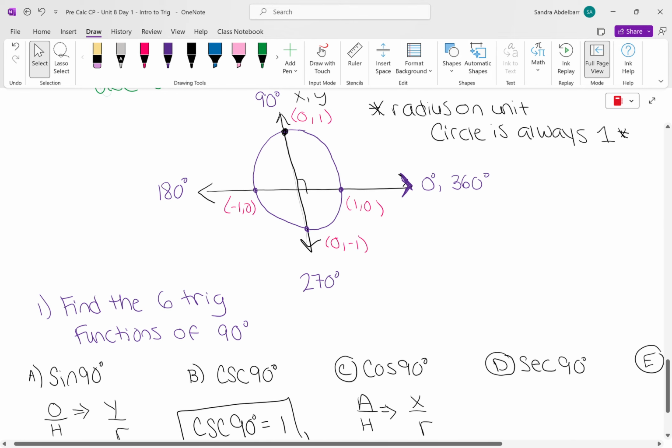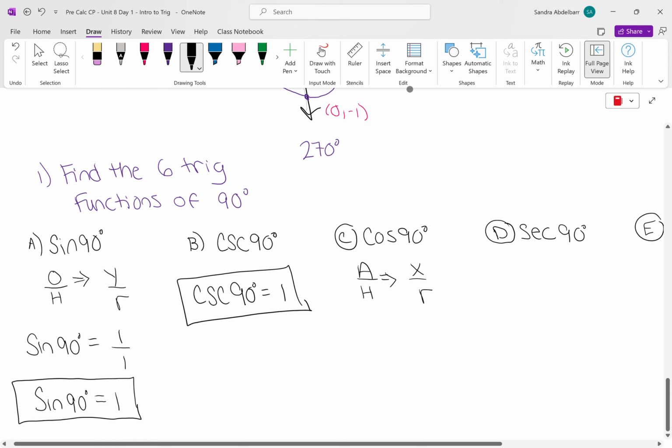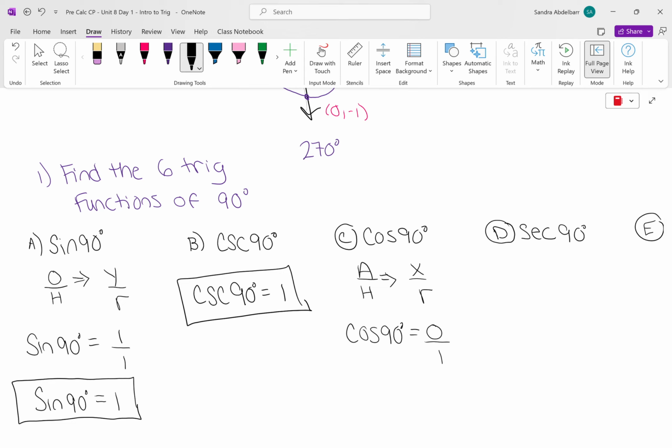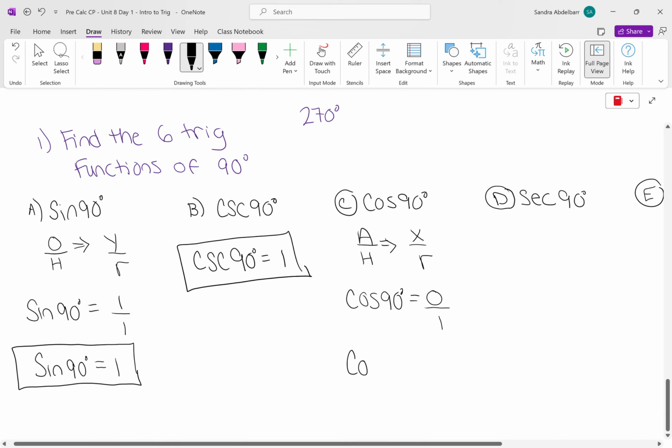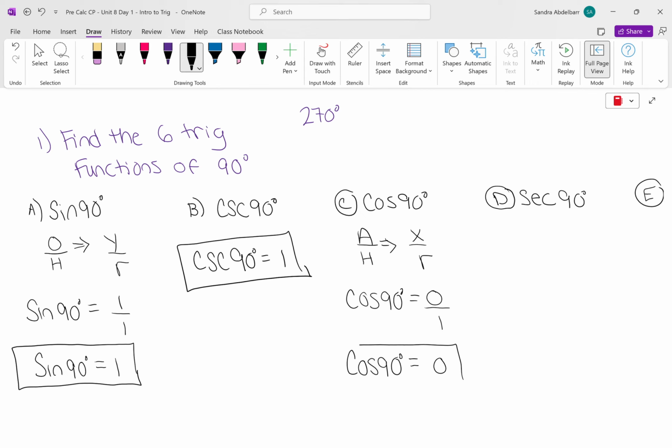What is the x-coordinate of 90 degrees on our unit circle? Isn't it 0? And what's the radius on every unit circle? 1. So our cosine of 90 is going to be 0 divided by 1, or 0 over 1. And what's 0 divided by any number? 0. So cosine of 90 is 0.